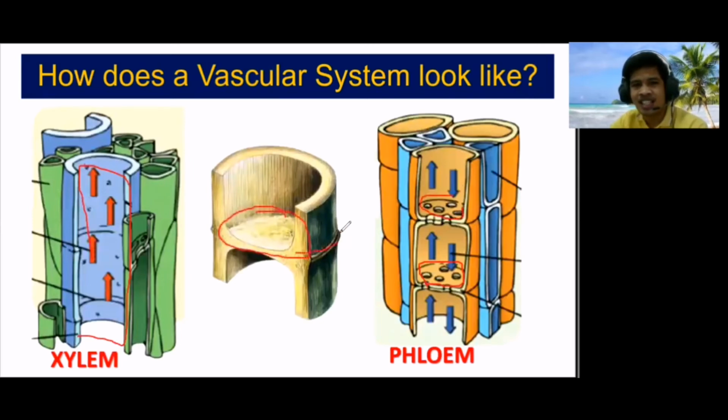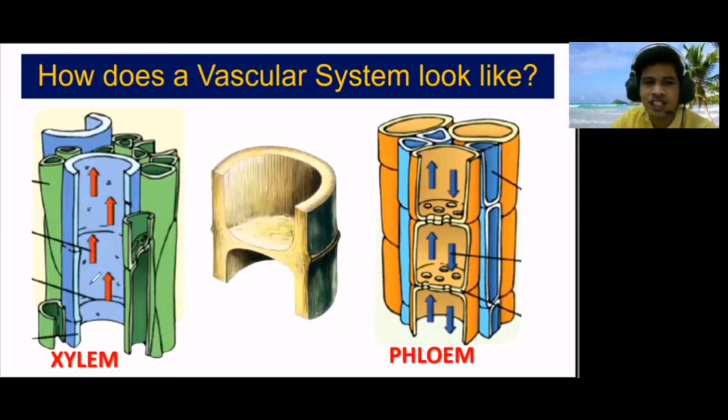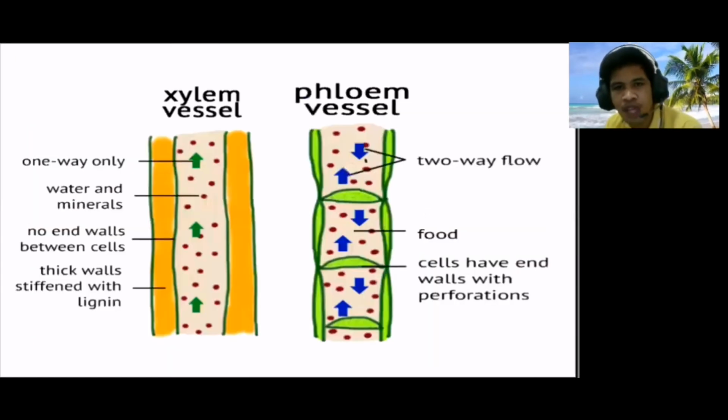This is cell number one. This is cell number two, and there is a wall here between the two cells. But for xylem, there is no wall between the two cells. And aside from that, let us compare them.